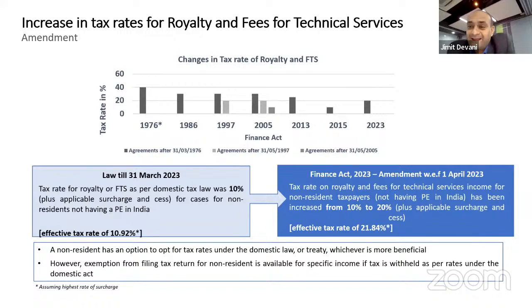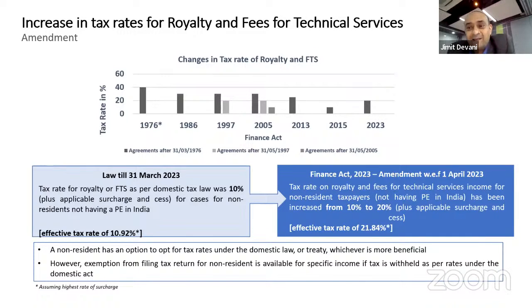However, the exemption under the domestic law of India applies only if the taxes have been paid in accordance with the domestic law of India. So if you are claiming the treaty benefit, that is the lower rate, then you don't have an exemption from filing your tax return in India. You will now have to compulsorily file your tax return in India if you are claiming the treaty rate and not paying taxes in accordance with the domestic law of India.